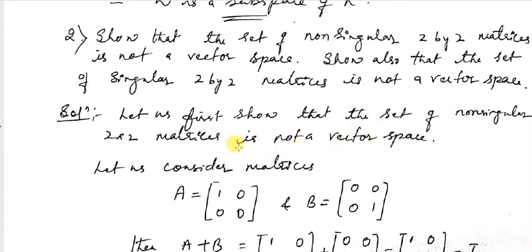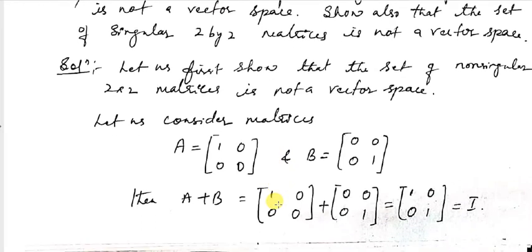So let us consider two non-singular matrices. A is the matrix [[1, 0], [0, 0]]... and B is [[0, 0], [0, 1]]. What are the determinants? Nonzero, hence they are non-singular, right? What will be their sum? Their sum is [[1, 0], [0, 0]] plus [[0, 0], [0, 1]]. Adding the entries component wise gives [[1, 0], [0, 1]], an identity.